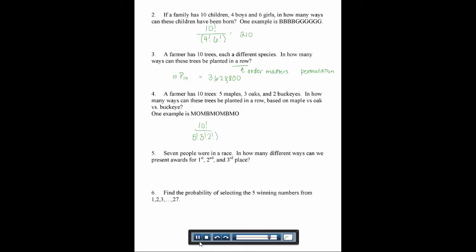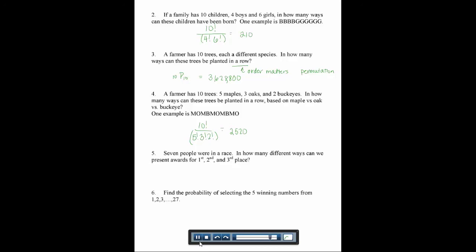So remember, we want to put parentheses around our denominator. So here there are 2,520 ways to plant those trees.